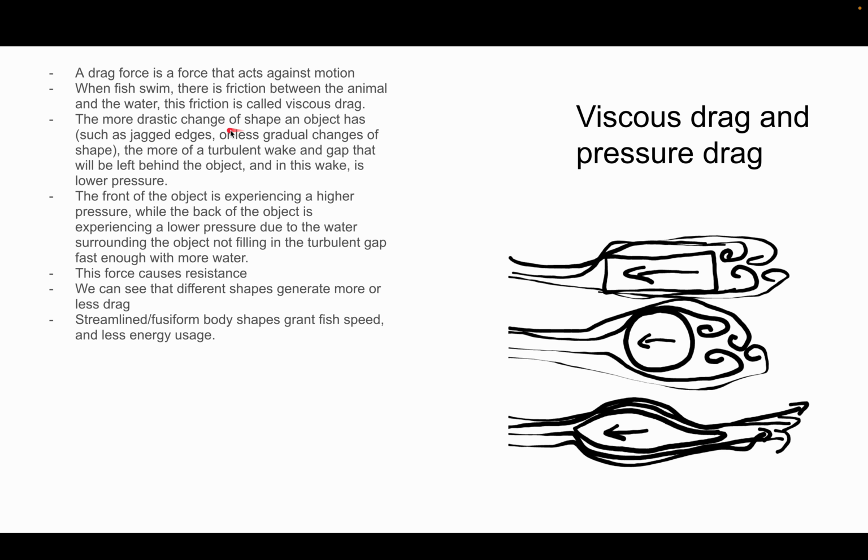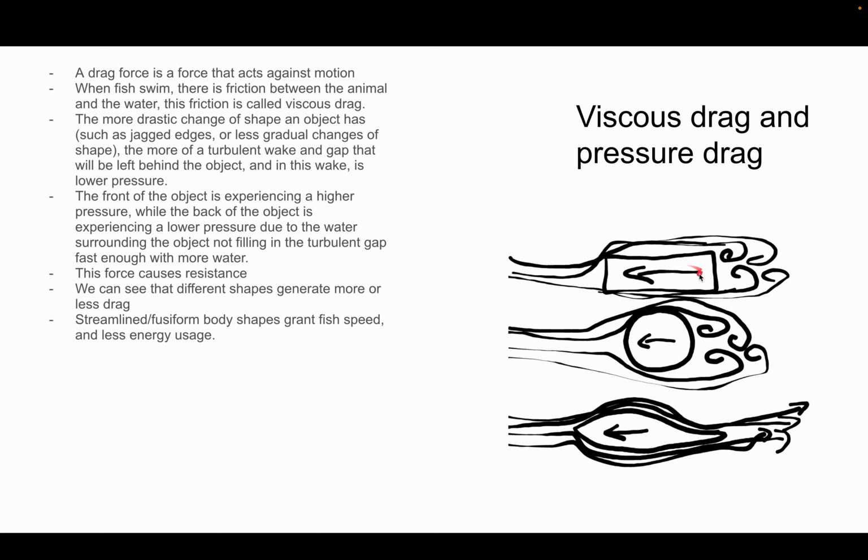The more drastic change of shape an object has, such as jagged edges or less gradual changes of shape, the more of a turbulent wake and gap will be left behind the object. And in this wake is lower pressure. We can see here in my really bad drawings that these shapes, just think of them as swimming through the water.